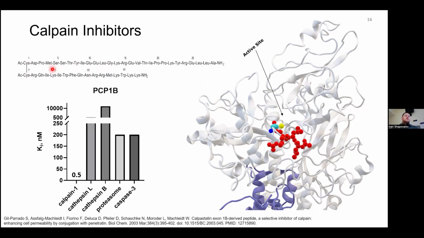It's binding in the active site, but it's not per se interacting with those active site residues. That's right. Right, that's a peptide, yeah. Peptidomimetic. Okay, sorry, could you say that again?